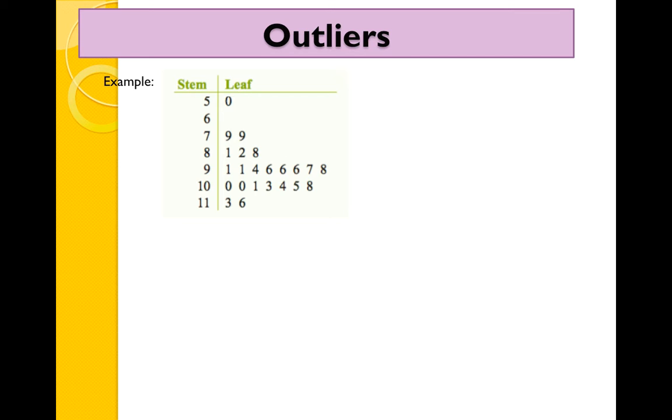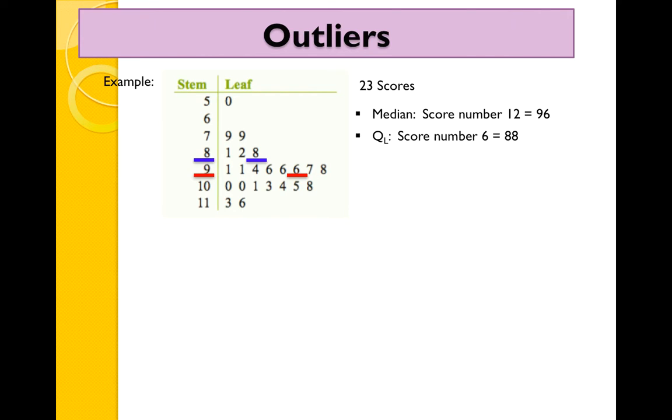If we are asked to discuss outliers in this set of data, we're first going to calculate which scores would be considered outliers. We've got 23 scores here. So the median is score number 12, which is 96. We don't really need the value of 96, but we need to know which score it is.